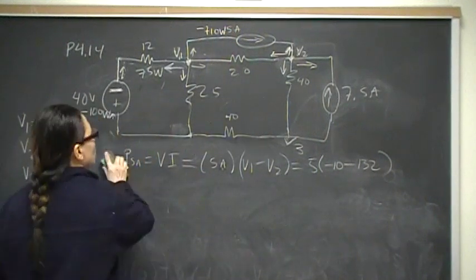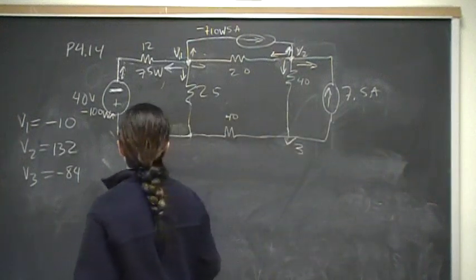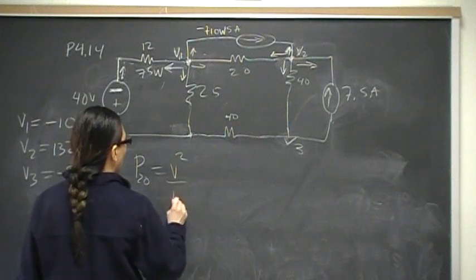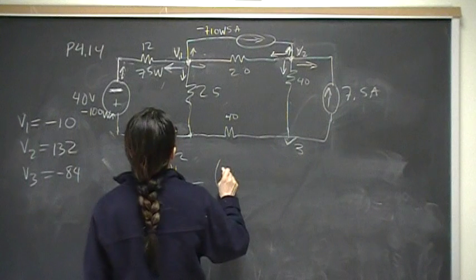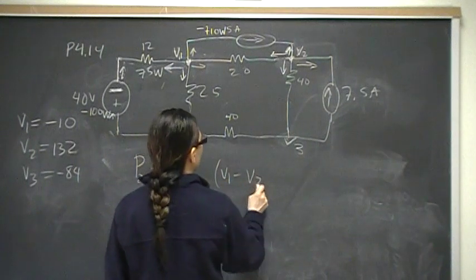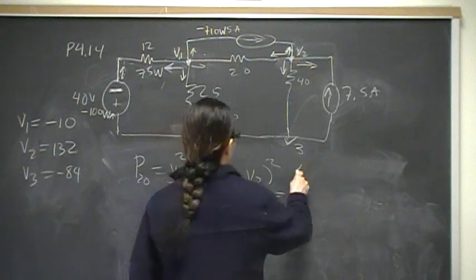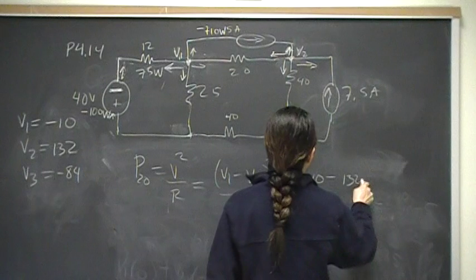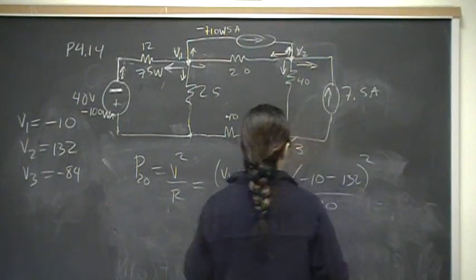So the next one we need to find is the 20 ohms. So P sub 20 is equal to V squared over R. V is going to be, it doesn't matter, it's getting squared, so V1 minus V2 squared over 20. So that's going to give me negative 10 minus 132 squared over 20.